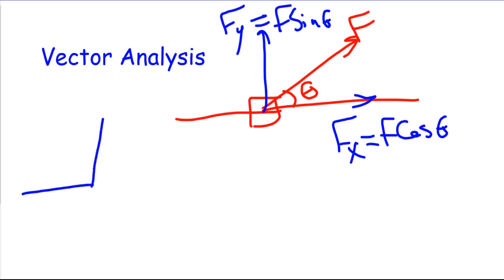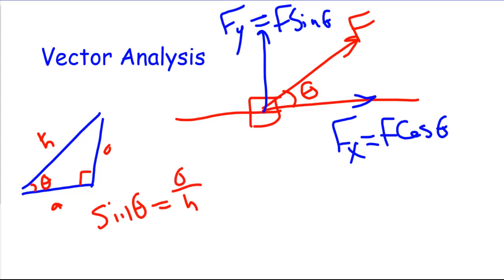Remember, if you have a right angle triangle and this angle is theta, this is the opposite and this is the adjacent, and this is your hypotenuse. Sine theta will be opposite over hypotenuse, and cosine theta is equal to adjacent over hypotenuse.